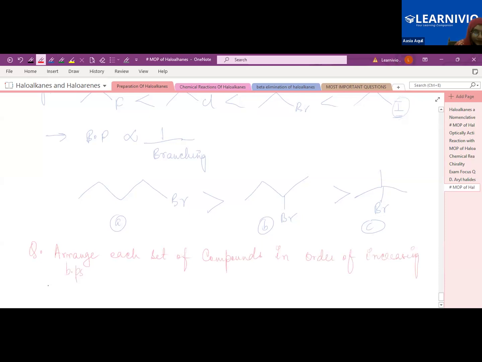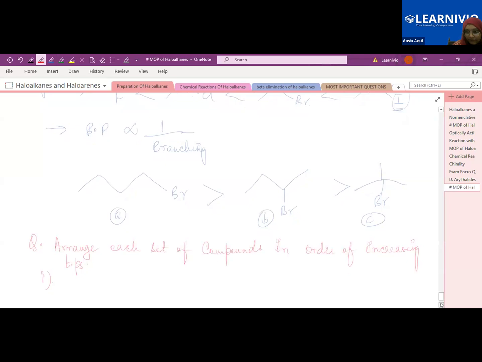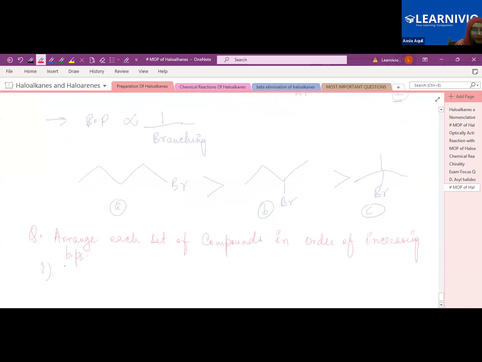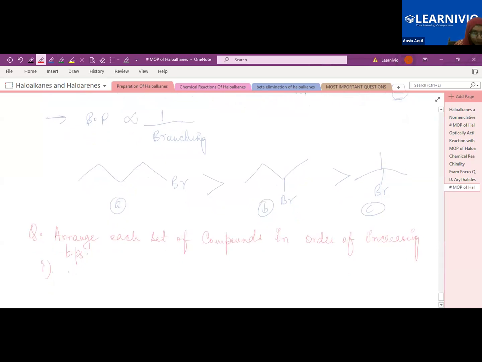Question number 1 is bromomethane. Second is bromoform. Third is chloromethane. And the fourth one is dibromomethane.